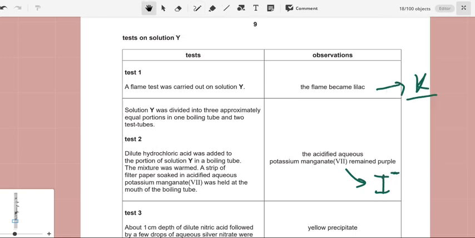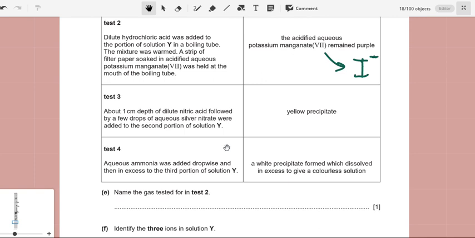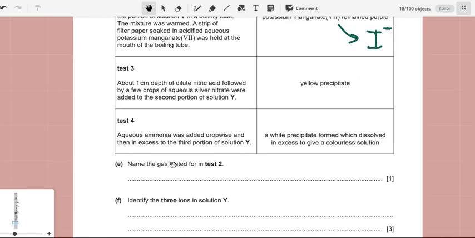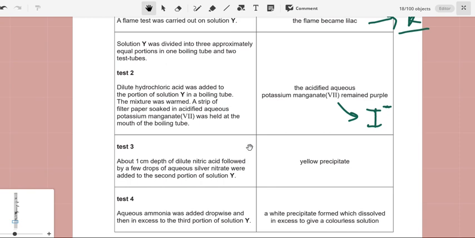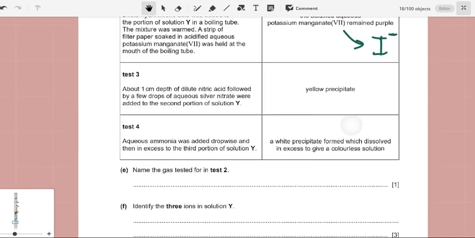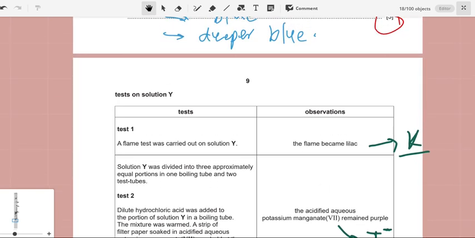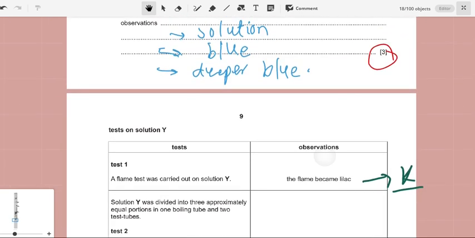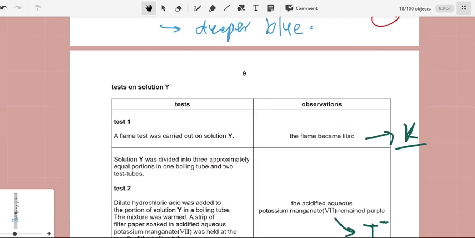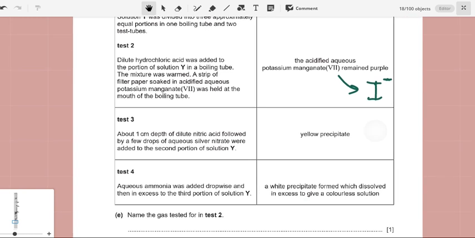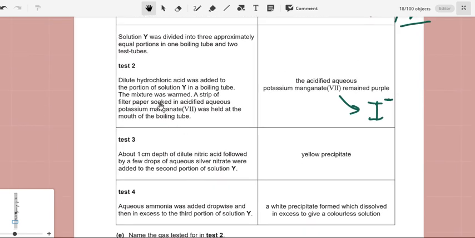Okay, and now the next question: name the gas tested for in test 2. Here in test 2, dilute HCl was added.